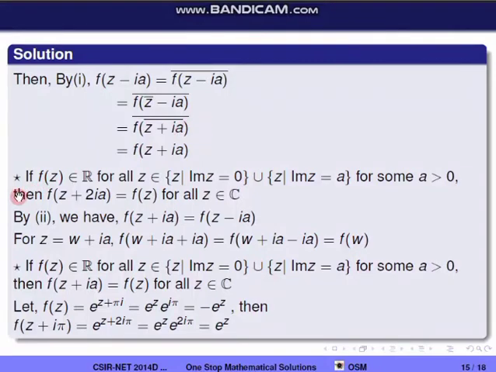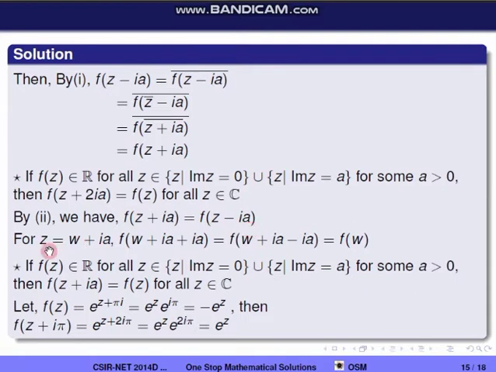Third option, if f of z belongs to R for all z in {z such that imaginary z equal to 0} union {z such that imaginary z equal to A} for some A greater than 0, then f of z plus 2iA is equal to f of z for all z in C. So this first condition is the same as the second option. So by 2 we have f of z plus iA is equal to f of z minus iA.